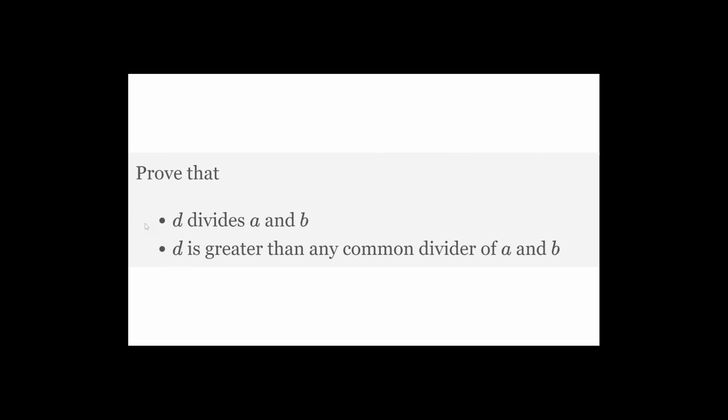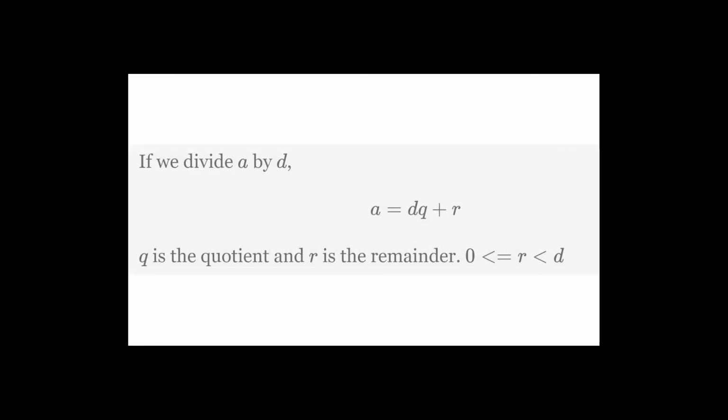And the remainder will be positive, but lower than the number you're dividing by. So if you want to divide a by d, you're going to have a equal d times q, the quotient, plus r, where r is greater or equal to 0, but strictly lower than d.